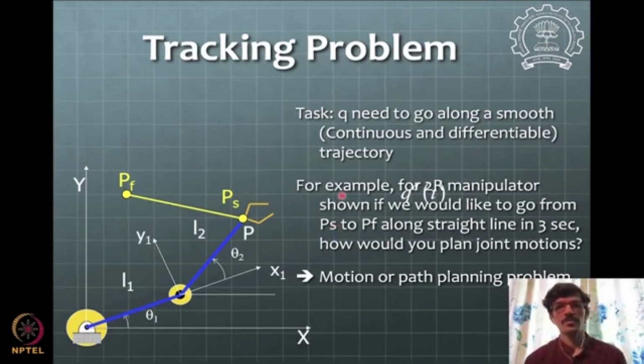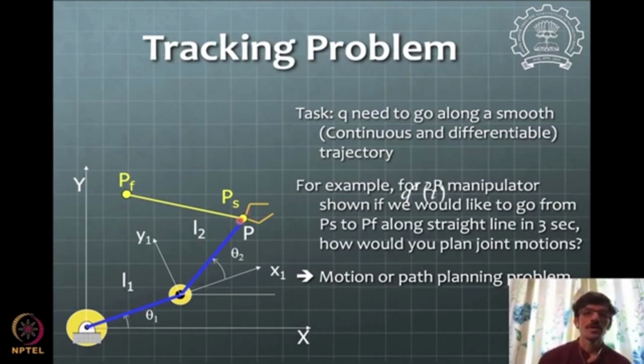Say the problem is that we want to go from PS to PF in 3 seconds along this path, a straight line path. This becomes a motion or path planning problem.